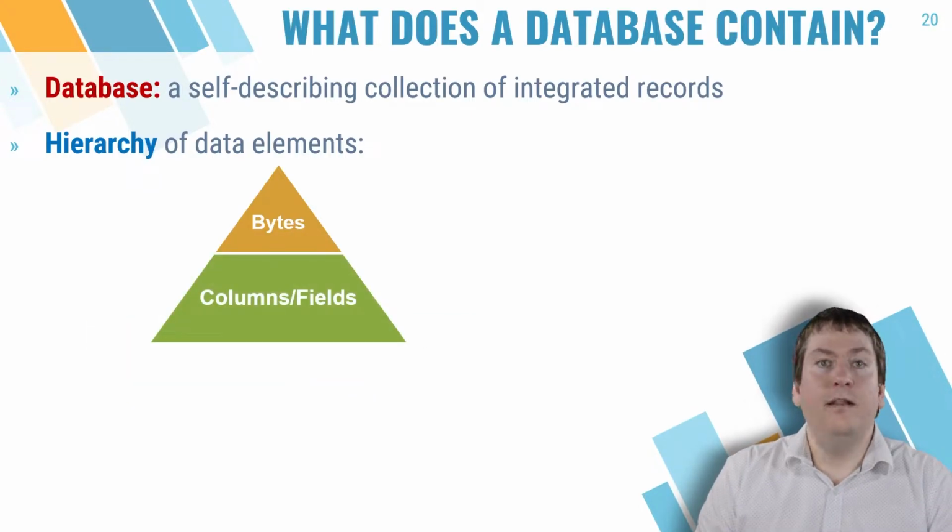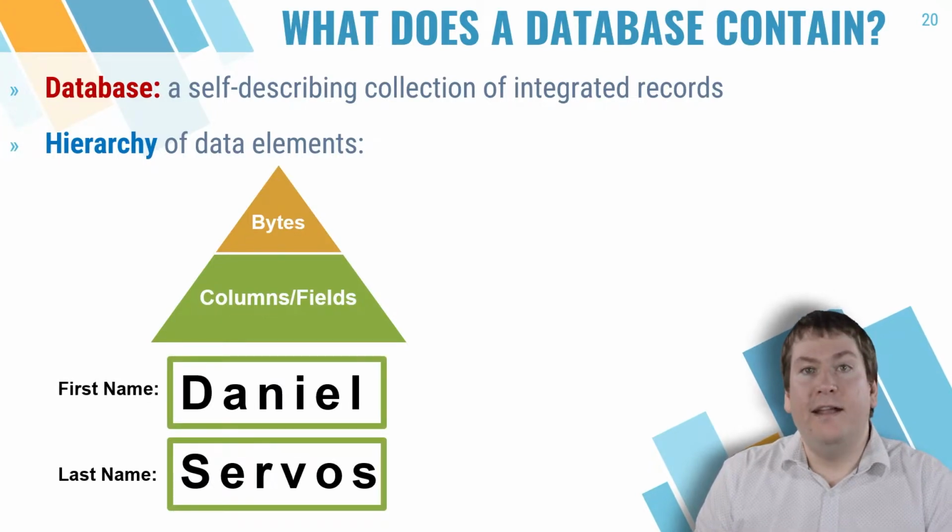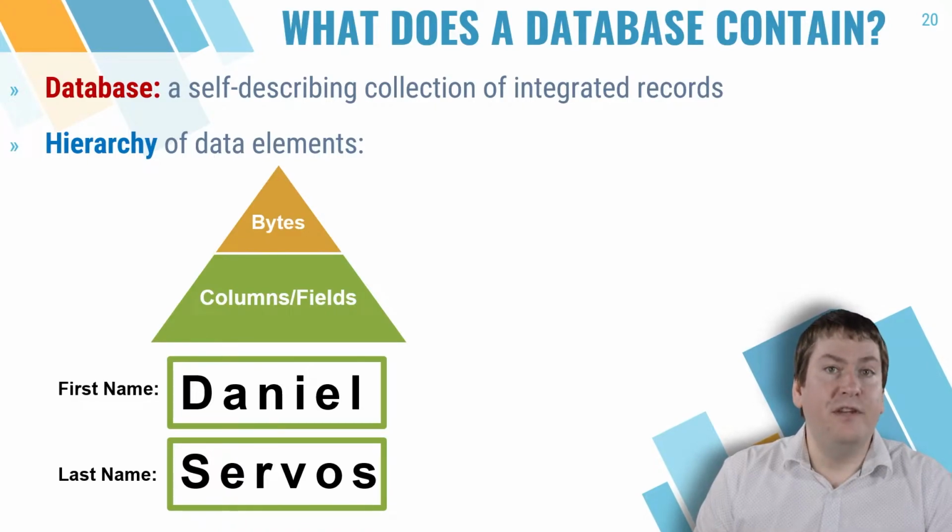Collections of bytes, like a name, are grouped into fields or columns. For example, perhaps we have a first name field and a last name field. Both would be a collection of bytes. The first name field would contain 6 bytes, one for each letter in my first name, and the last name field would also contain 6, one for each letter in my last name.